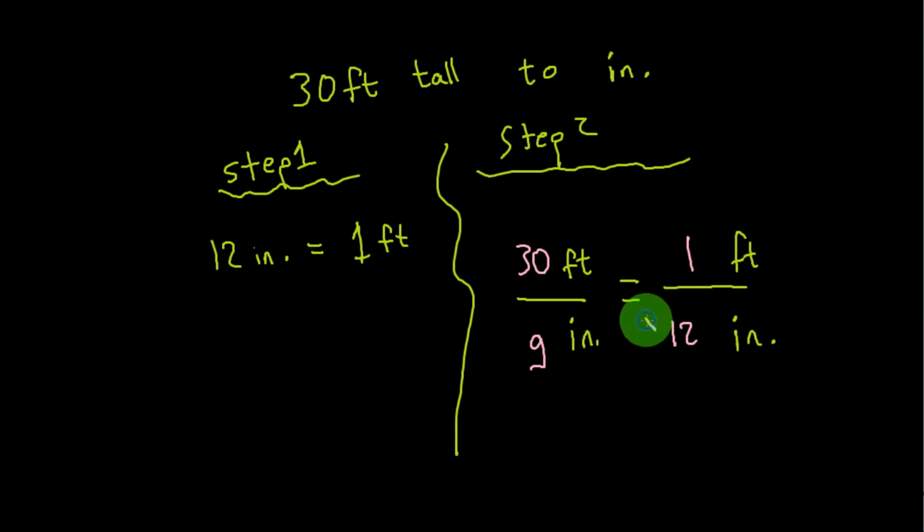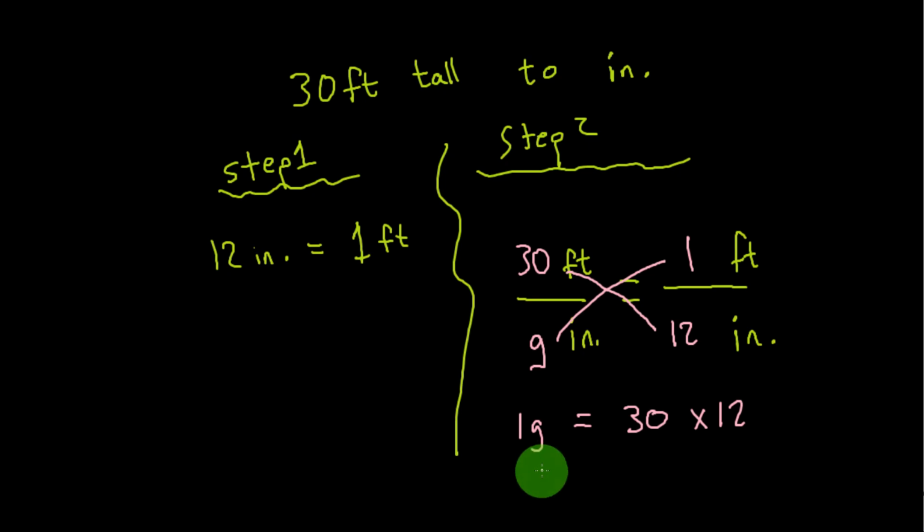Now we can take those cross products. So I have 1 times G, or simply 1G, is equal to 30 times 12. Remember that identity property of multiplication tells us, let's just cover up that 1. I'm just going to hide it. So now we have G is equal to 30 times 12.